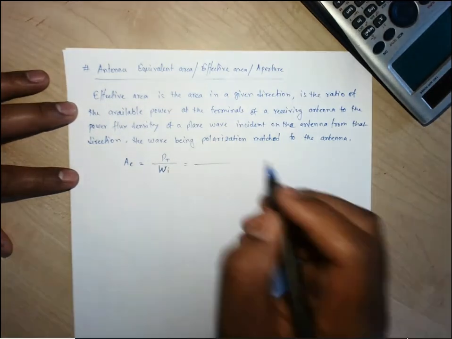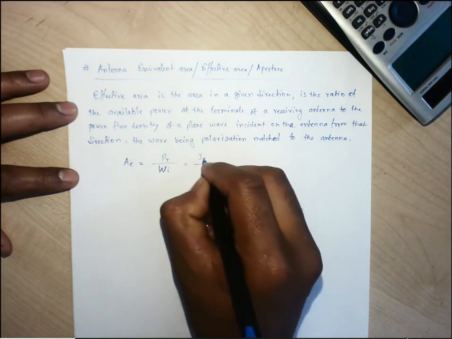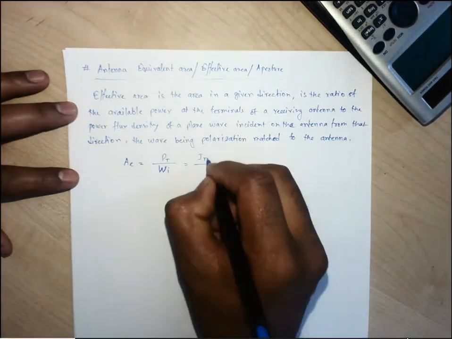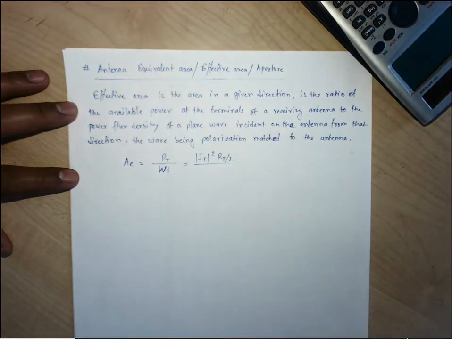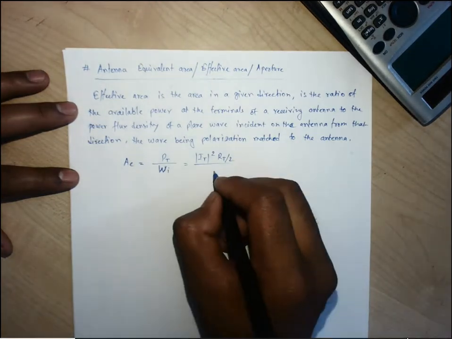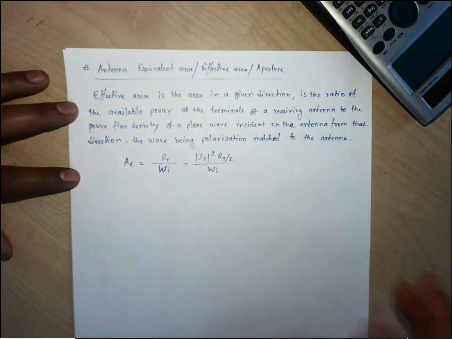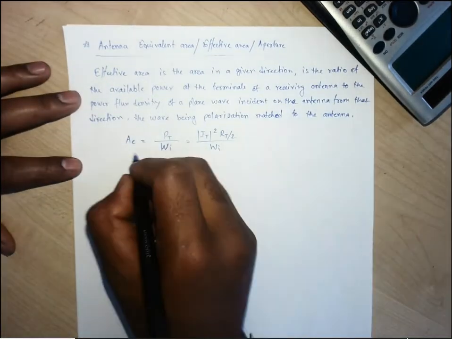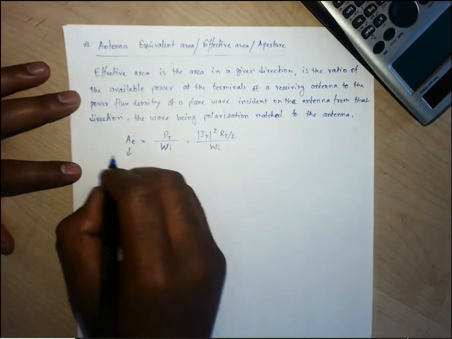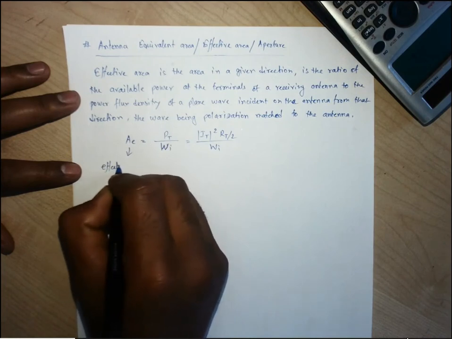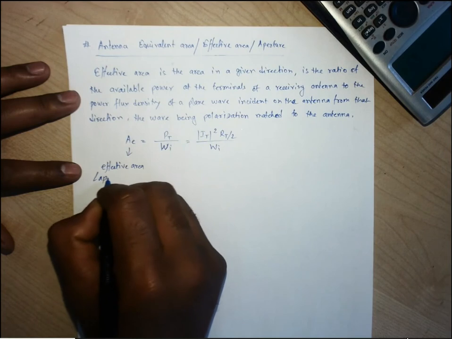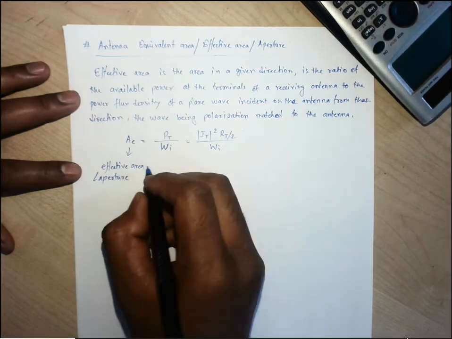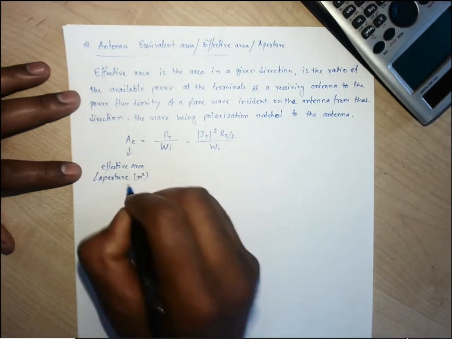So for the receiving antenna, that will be the total power at the antenna terminals divided by the flux density. Here this one is the effective area or aperture. It has the unit meter square.